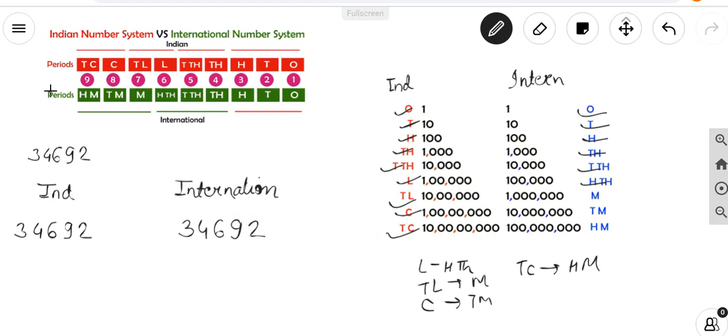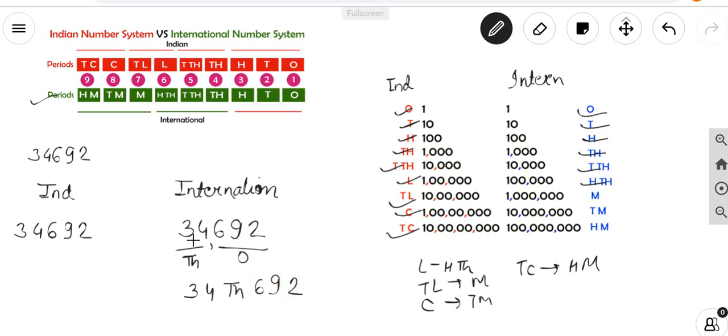First we will take the international number system. In this we will separate the periods by 3. Put a comma, then the first period holds all 3 places and the second period holds only 2 places, the ones place and after that the thousand place. So it is 34,692.